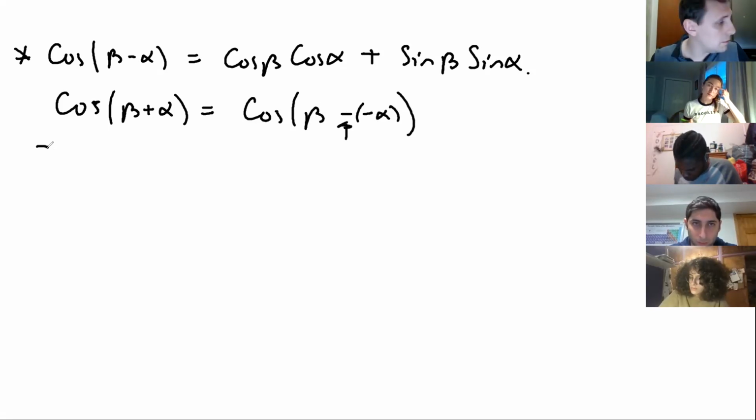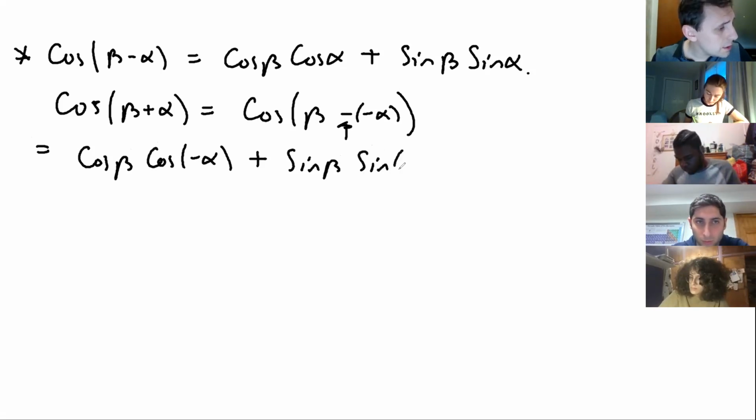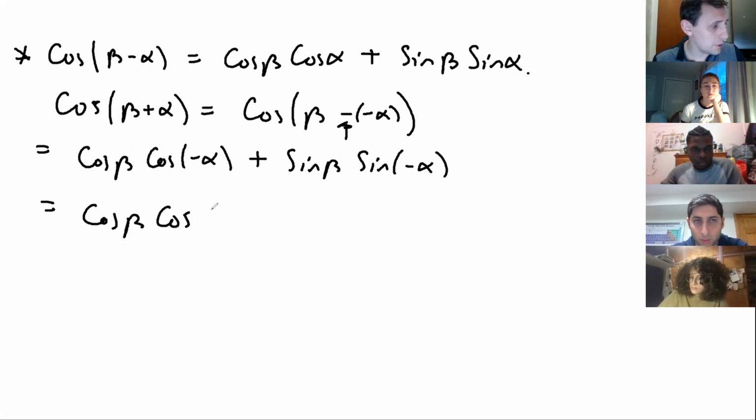And that will give me cosine of beta, cosine of minus alpha, plus sine beta, sine of minus alpha. You agree? And then what do I know? Cosine of minus alpha is equal to cosine alpha, because we know the cosine function is even.